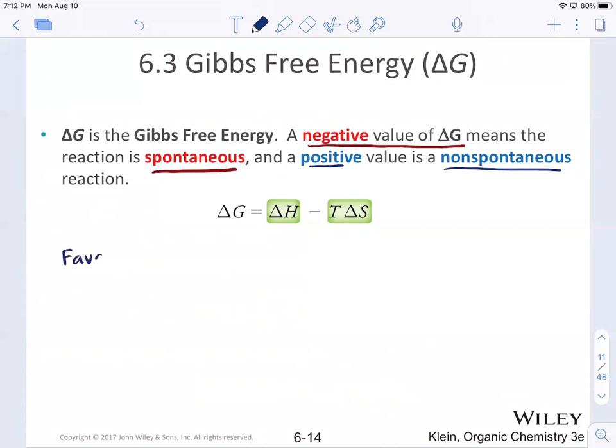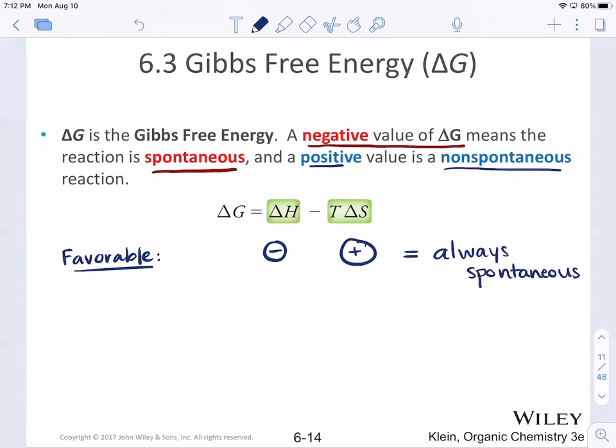Favorable, you might have seen something like this chart. If enthalpy is negative and entropy is positive, this always is spontaneous, no matter what temperature. Right?